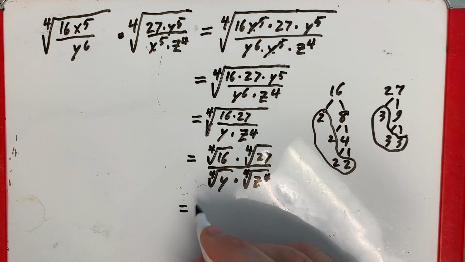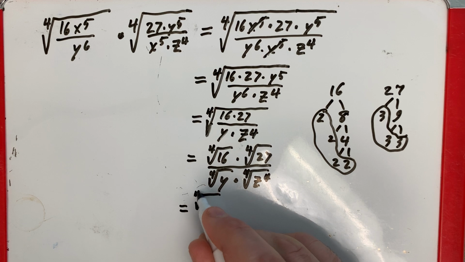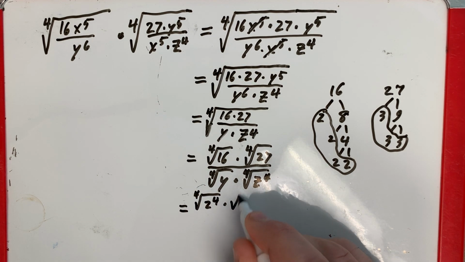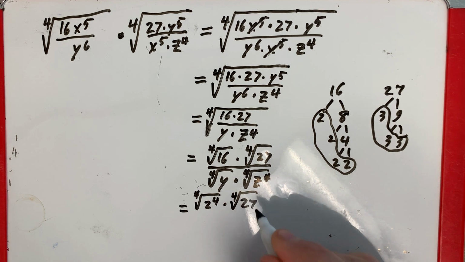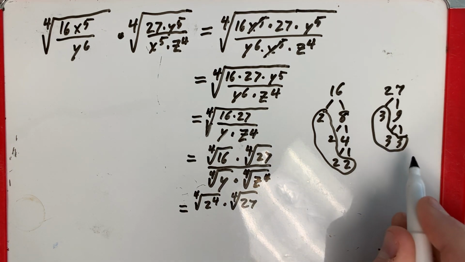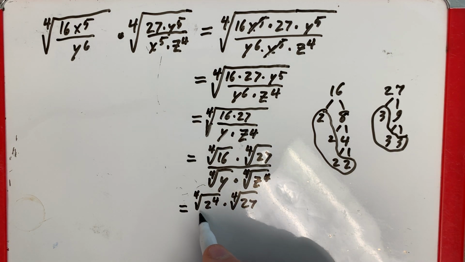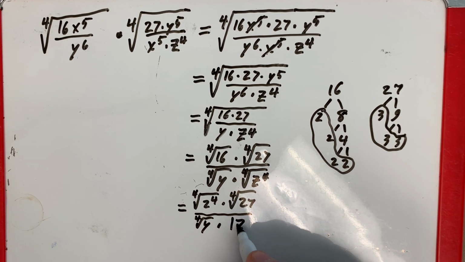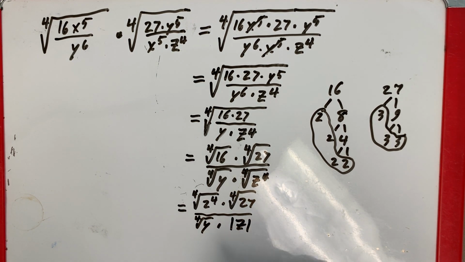So I have fourth root of 2 to the fourth times fourth root of 27, because we couldn't break that down into groups of 4 3's. I have fourth root of y times, well, let's just handle the absolute value of z right now. Okay, so I have 4th root of y times the absolute value of z in the denominator so far.